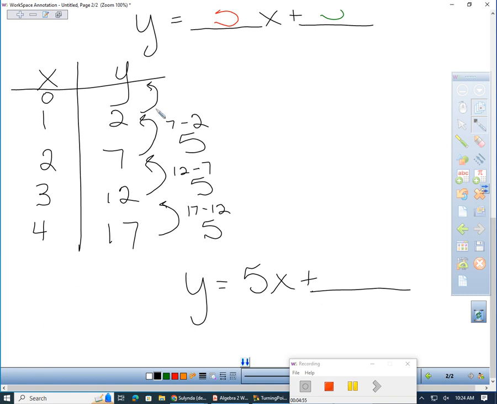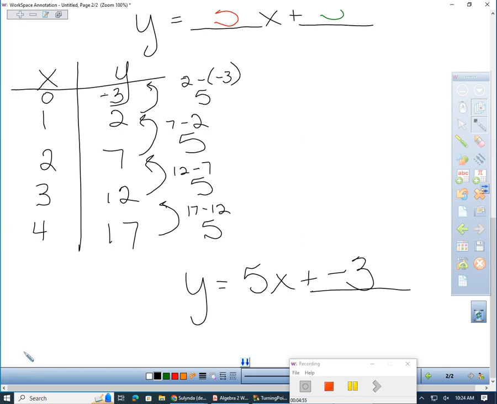So what would that be? So it would be negative 3, right? So if you look at this, 2 minus a negative 3 would give me 5. So negative 3 goes in the blank. Okay?